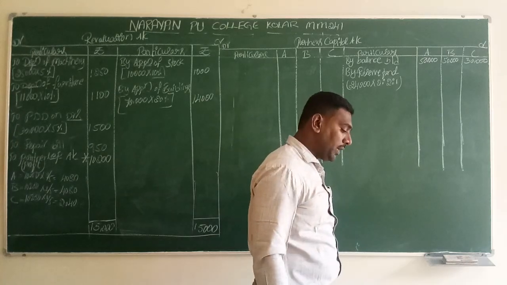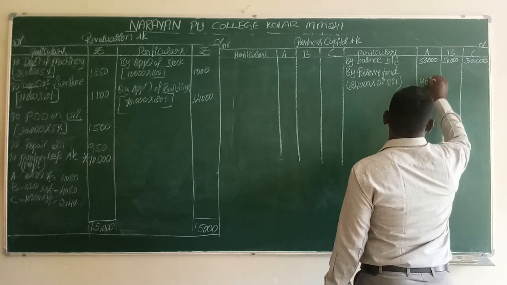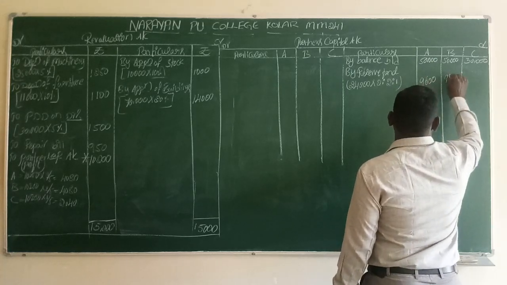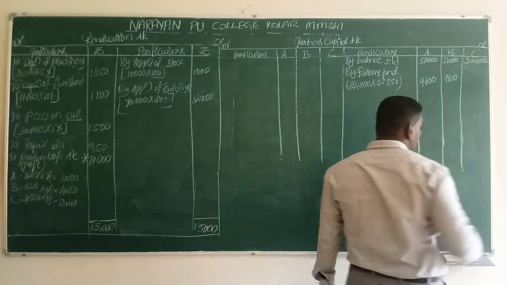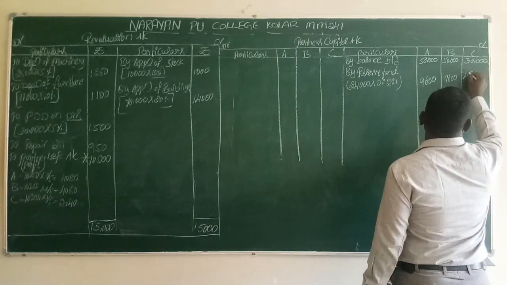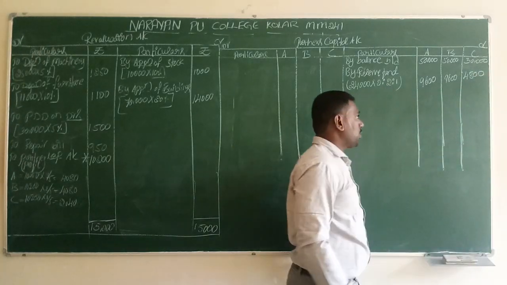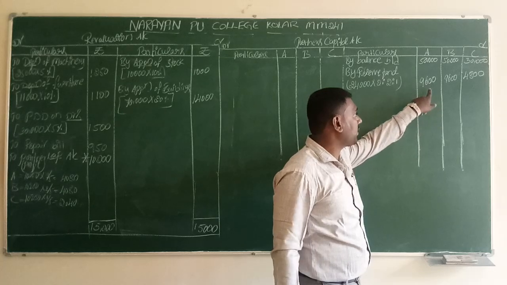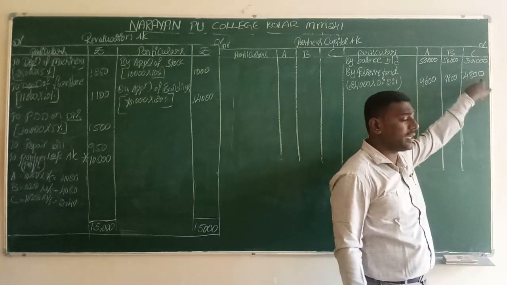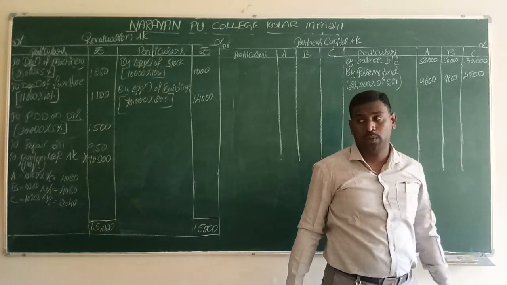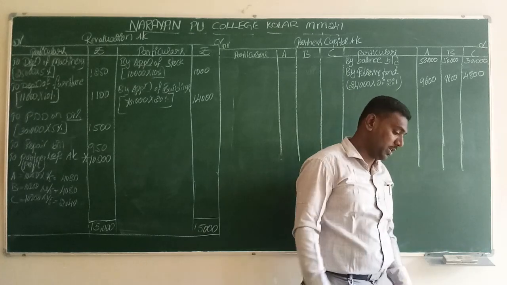So the first partner will get 9,600 rupees, the second partner also 9,600 rupees, and the third partner 4,800 rupees. Out of this 24,000, in the ratio 2:1, we distribute the value in this manner. So this is the calculation.